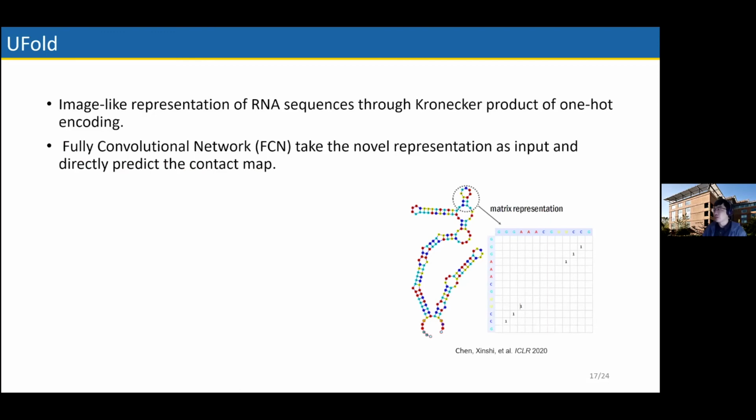The final output of our model would be this symmetric contact map with 1 indicating pairing at this particular location and 0 otherwise. So we can use this symmetric binary matrix to represent the secondary structure of a sequence.